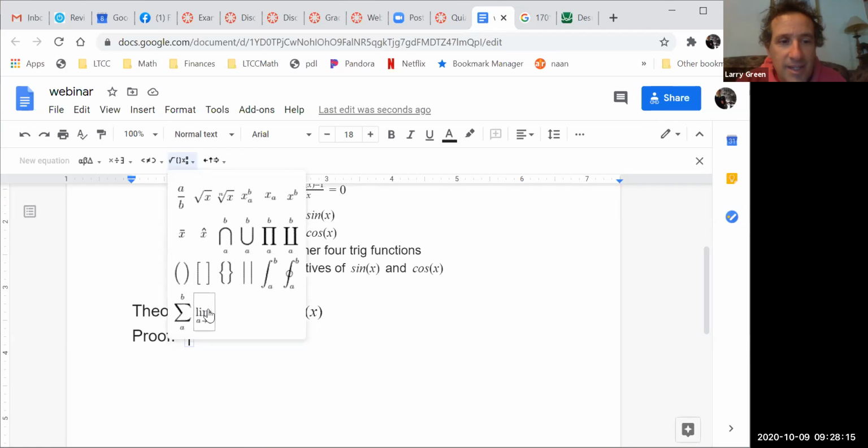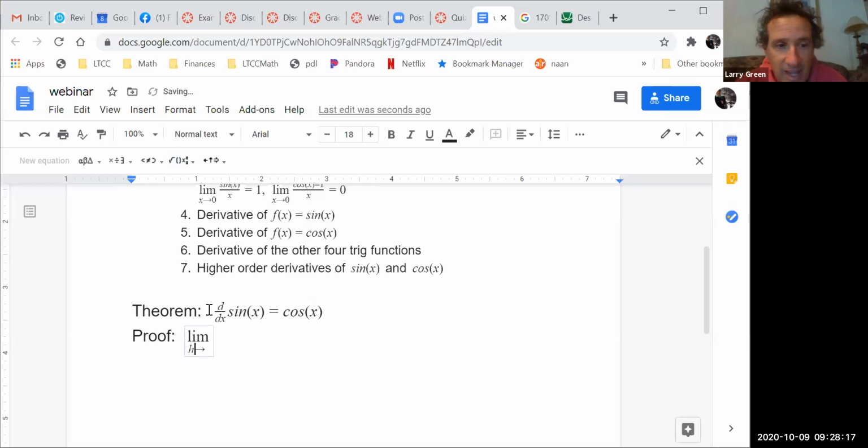Yeah, so we're going to take a limit as h approaches 0. And then we're going to have the fraction. The numerator is f of x plus h, so that's going to be sine of x plus h, minus f of x, that's sine of x, all over h.